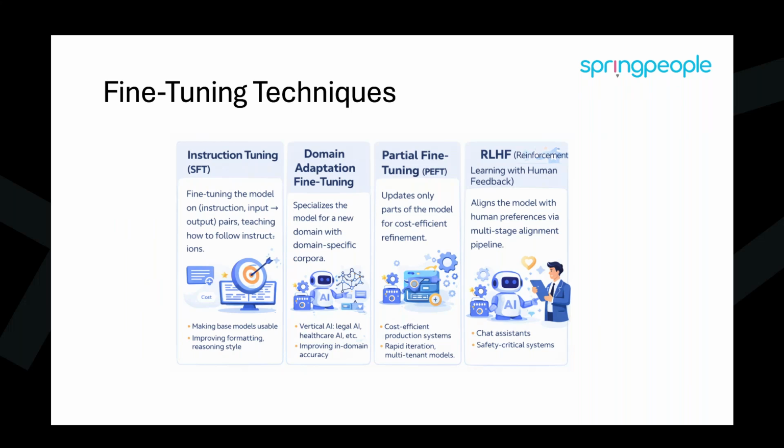I'm sure you must have seen this in ChatGPT, when you would have noticed that it gives you two answers, and then it asks you which one you prefer. So that's a form of reinforcement learning with human feedback.